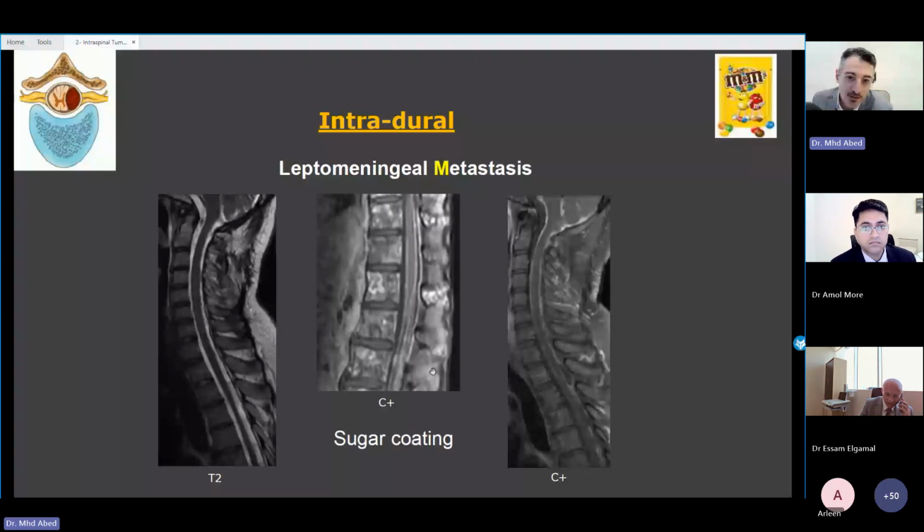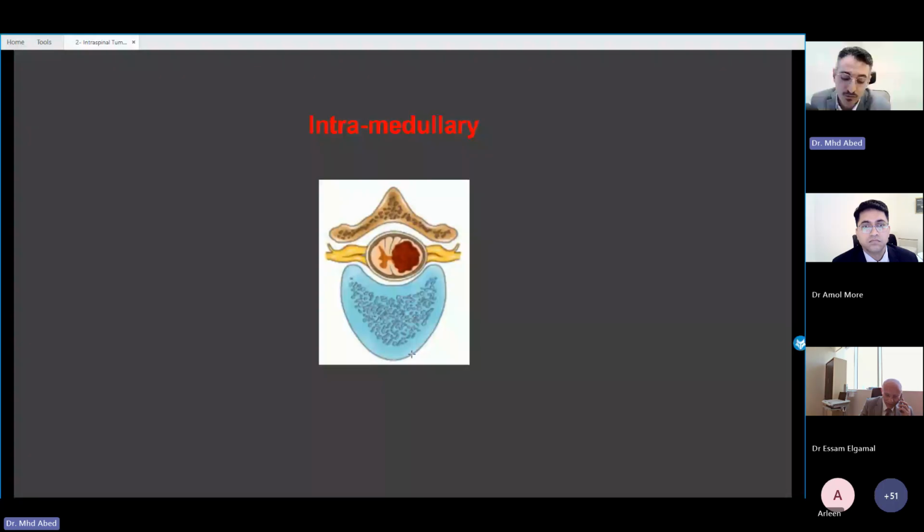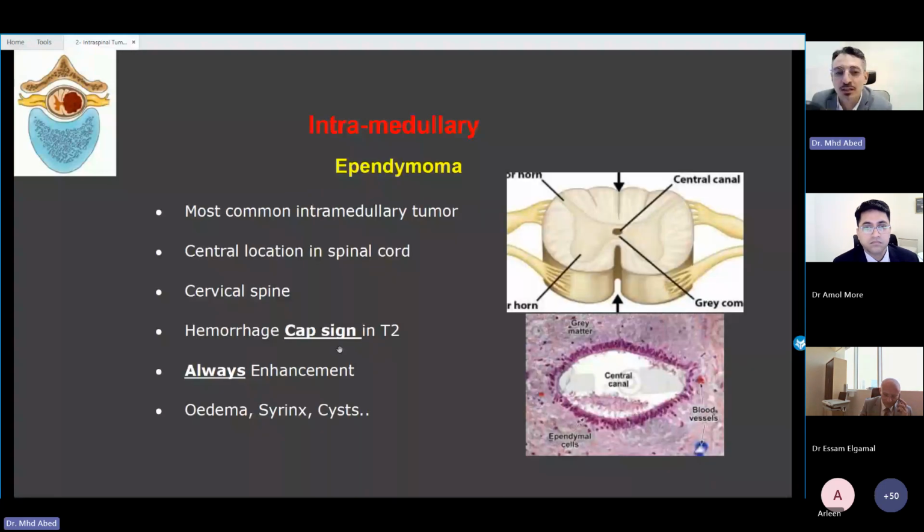Now, the third location of intraspinal tumors is the intramedullary location. For intramedullary tumors, we have three most common tumors and some rare tumors. We're going to speak about the most common tumors, and the most common one is the ependymoma. The ependymoma originates, as the name says, from the ependyma.